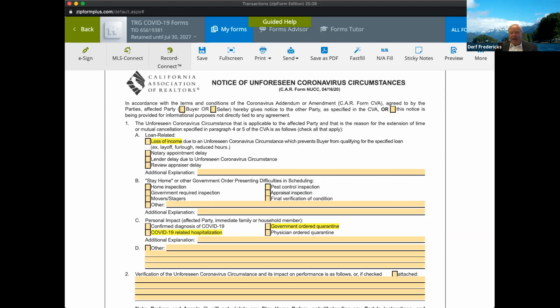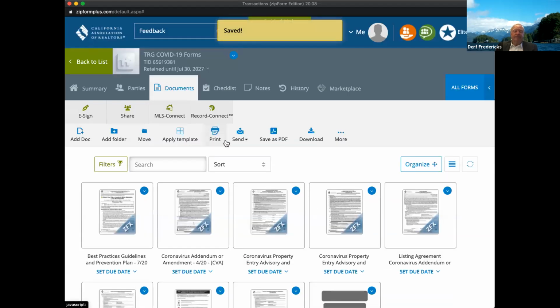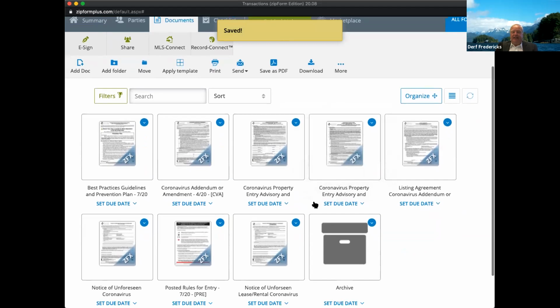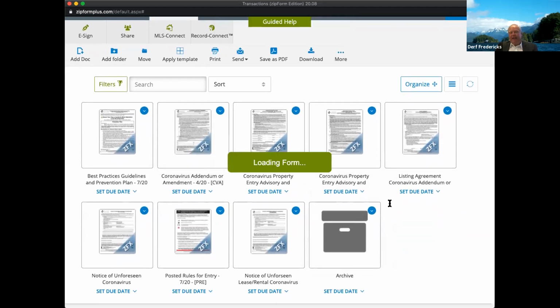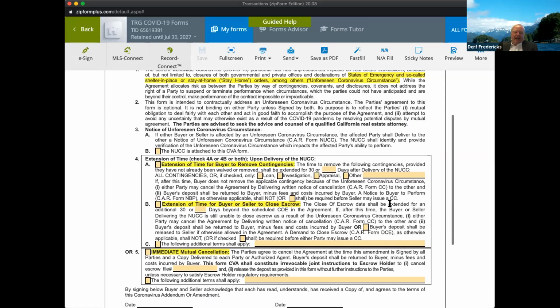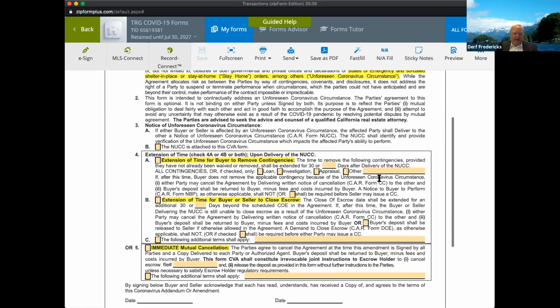And it's going to be up to us to try to resolve it without having to go to mediation. It's been my experience that people are going to be reasonable in this. If you're the listing agent, you're going to put it back on the market, or you're going to try to extend it, something that satisfies everybody. Cool. So, forcing the people in advance to agree, I don't see the purpose of this form.